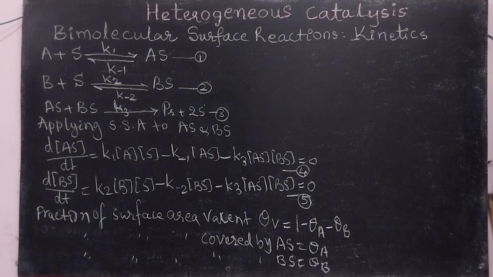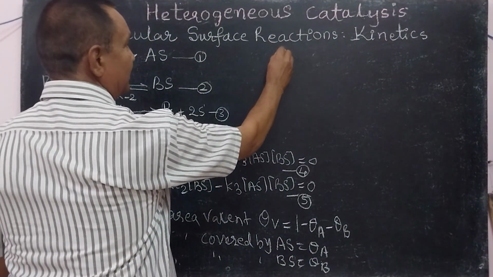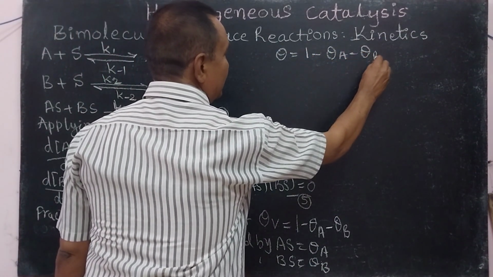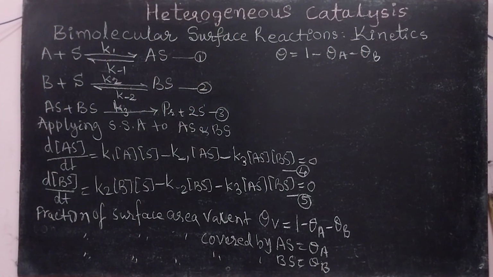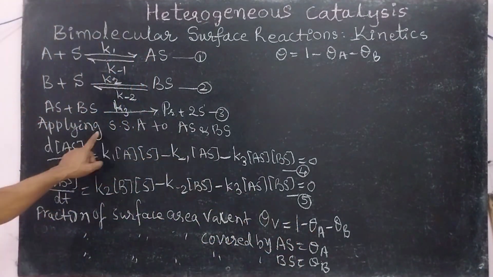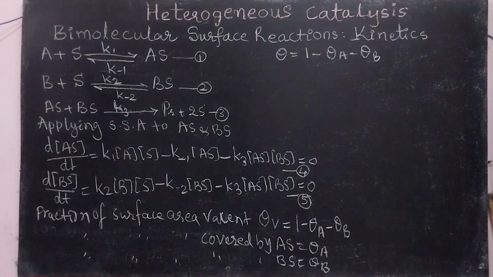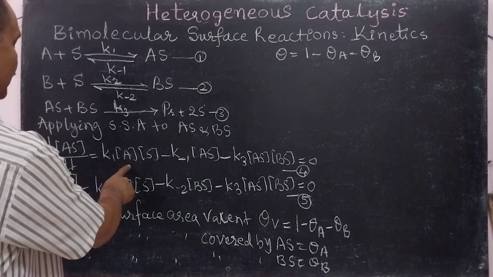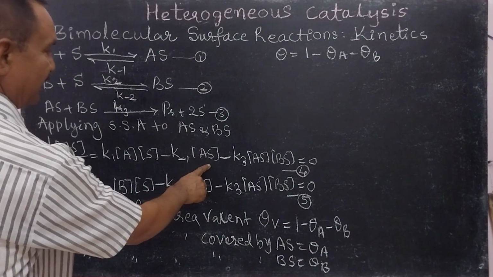Thus we can apply the steady state principle to this. That is, the vacant surface area theta V is equal to 1 minus theta A minus theta B. That is one equation. And another is the surface area covered by AS, that is theta A, and the surface area covered by BS is theta B. Now we can rearrange this equation, with K2, K minus 1 and K3.